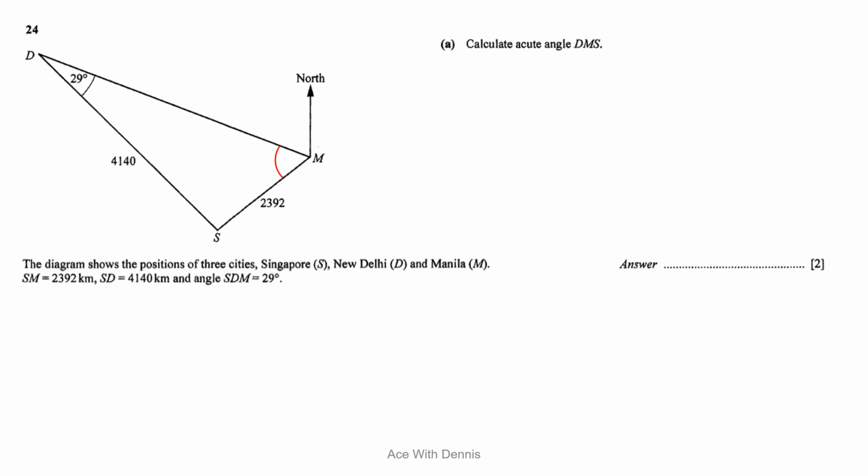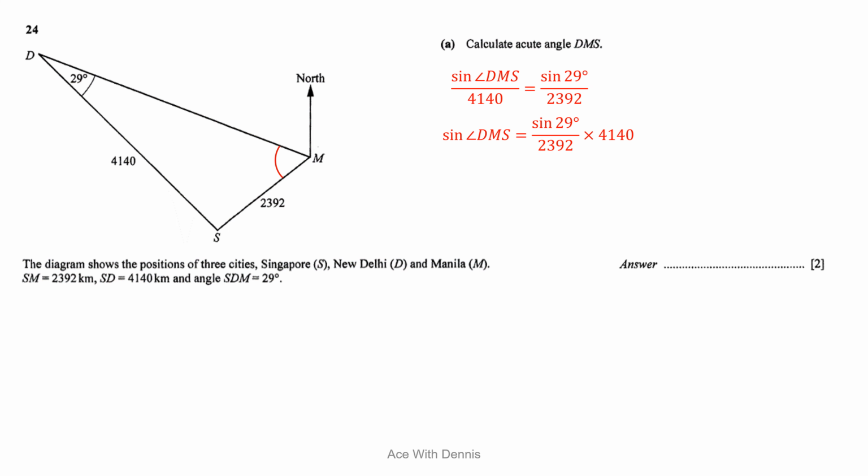Look at this triangle. We can see that we have two sides and two angles. Then we can apply the sine rule. So when we apply the sine rule, it becomes sine angle DMS over 4,140 equals sine 29 degrees over 2,392. Then we can solve this equation.